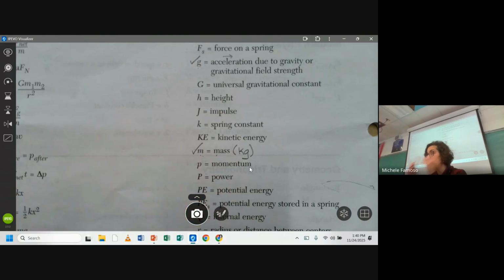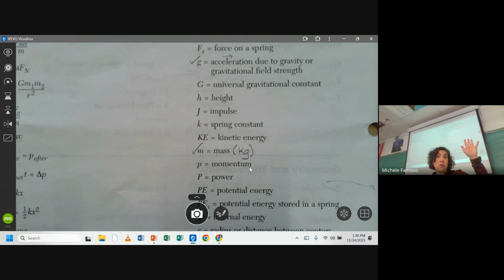Now, remember that the metric system is used all over the world except in the United States, Myanmar, and Liberia. So mass is a pretty important thing, and it's important for you to know your mass, especially if you ever plan to travel outside of the United States. Anyone here ever plan to go outside the United States?